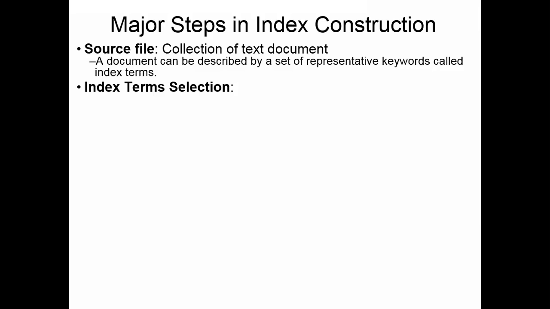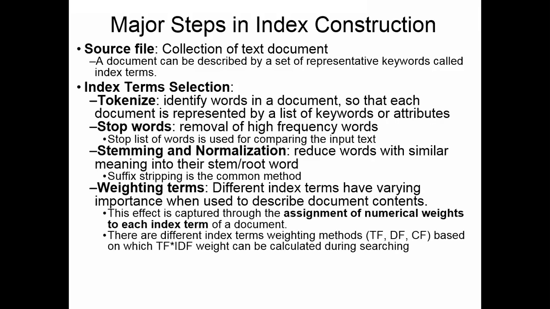For selecting the index terms, as we said earlier, to identify index terms and query terms, especially when selecting non-content bearing terms, we have to go through the tokenization step, which is always there, then stop word detection, stemming and normalization, and finally weighting by applying term frequency, document frequency, and collection frequency.